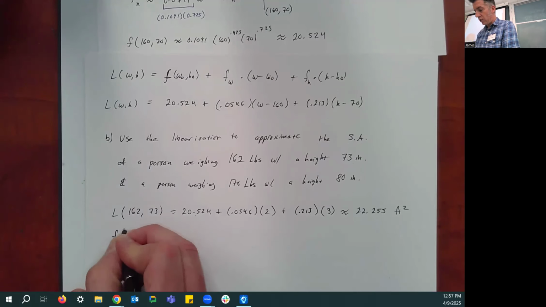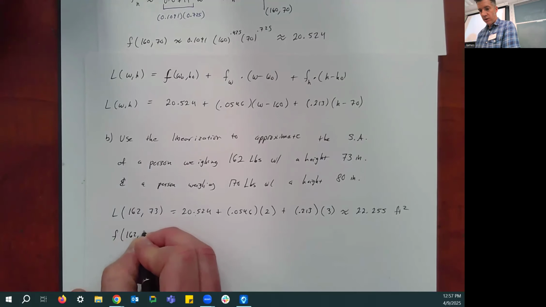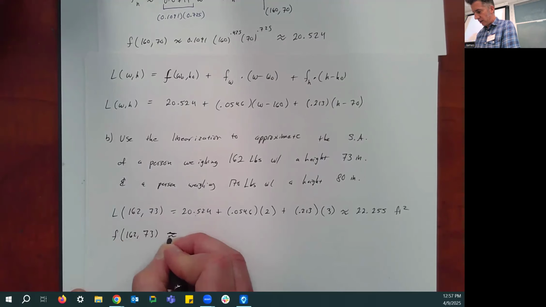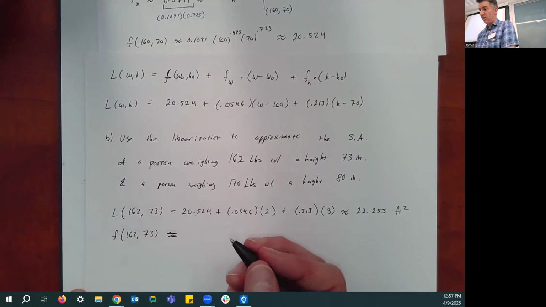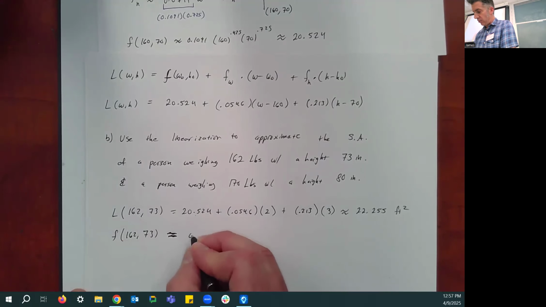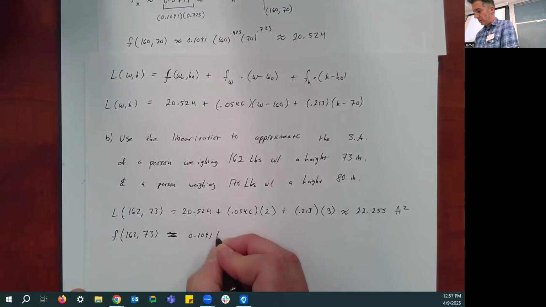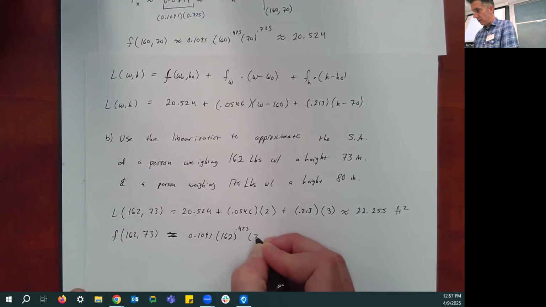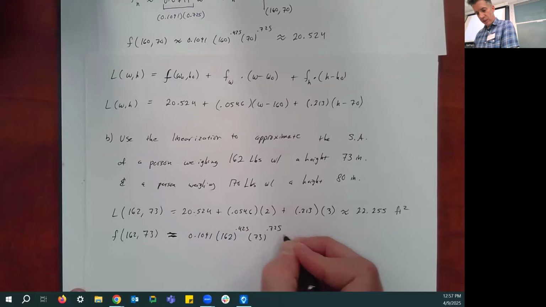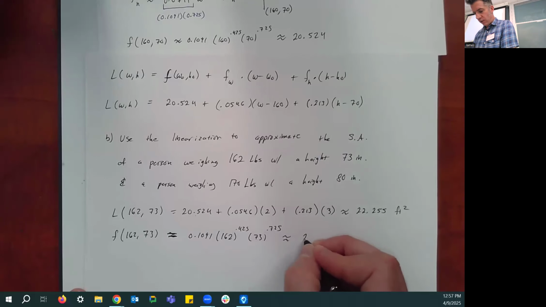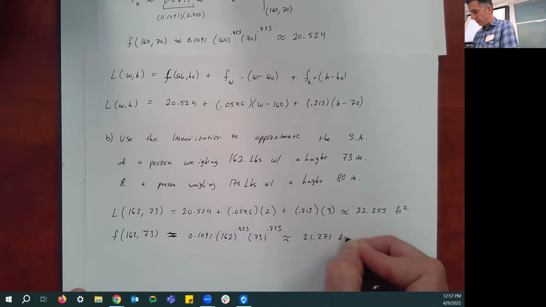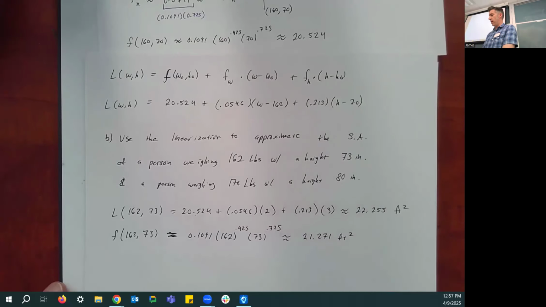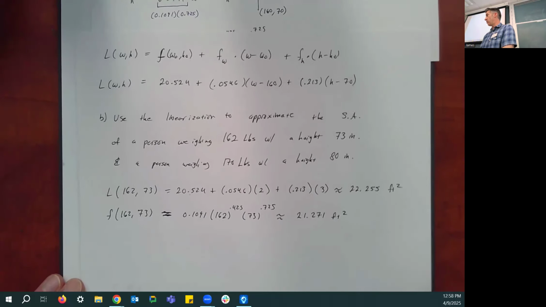Contrast that with just the function itself evaluated at 162, 73. If I plug it into the function, it's 0.1091 times 162 to the 0.425 times 73 to the 0.725, which ends up being approximately 21.271 square feet. So pretty close to each other, right? The estimate we got of 22.2 is pretty close to the actual value of 21.2. We're off by like 1 square foot.